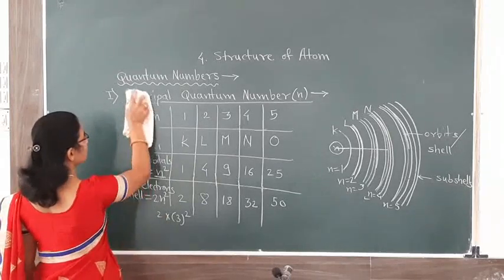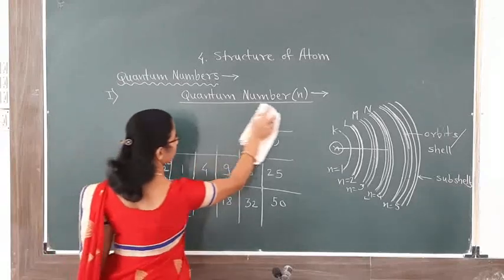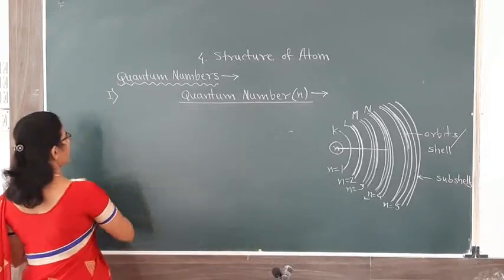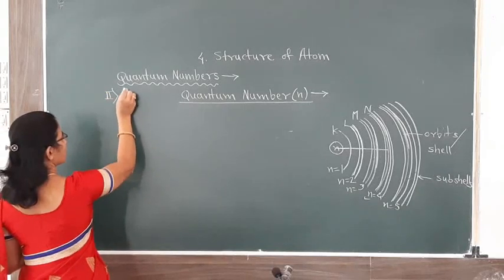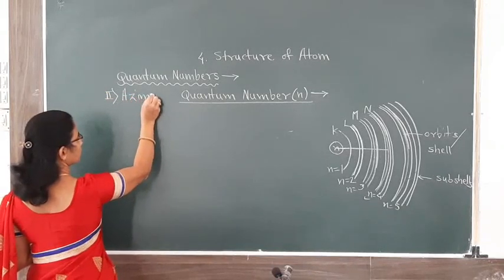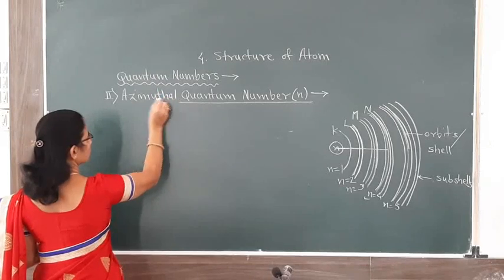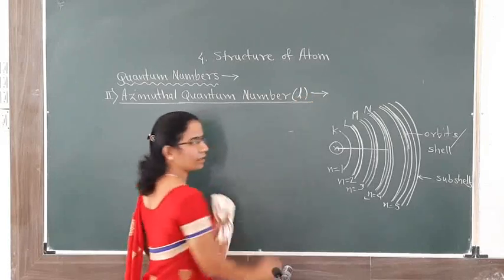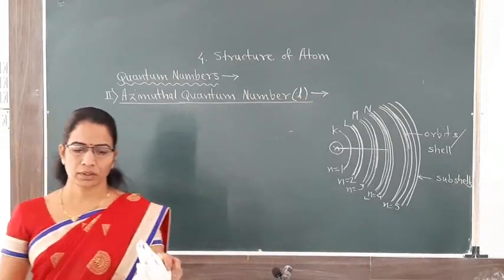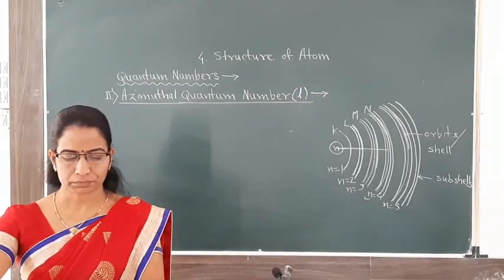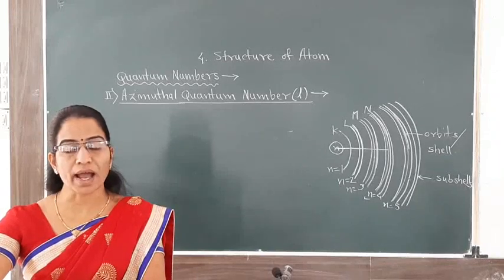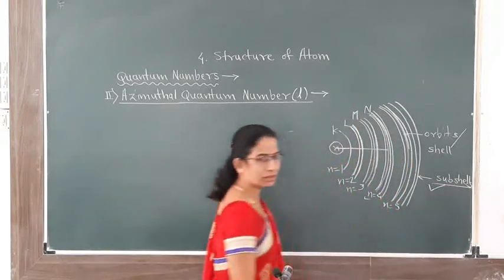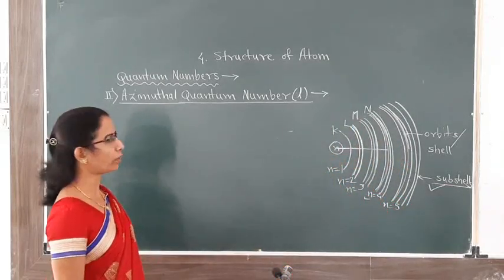Now let's see the second quantum number. This quantum number is named the azimuthal quantum number, and it is denoted by the symbol small l. Okay. Now this quantum number gives us the idea about the subshell. Here I have told you the subshells present in a given shell.